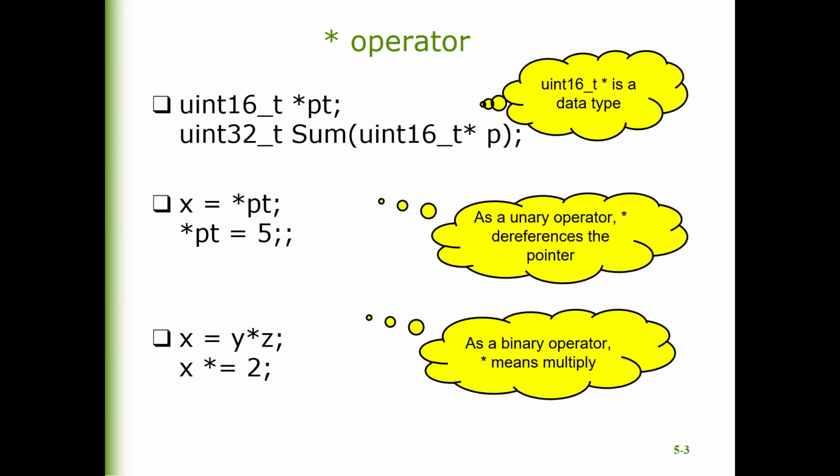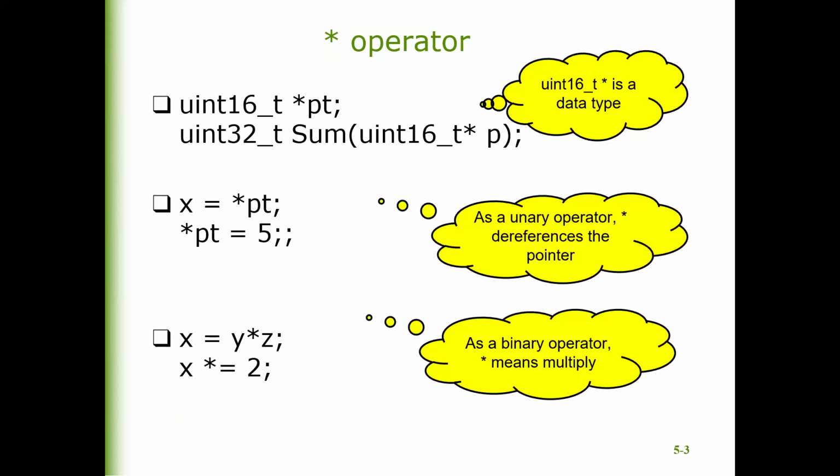The star operator helps us define a pointer. There are two ways to write a pointer. For example, you can write unsigned integer 16 underscore type, then a space, and star PT. PT means pointer.